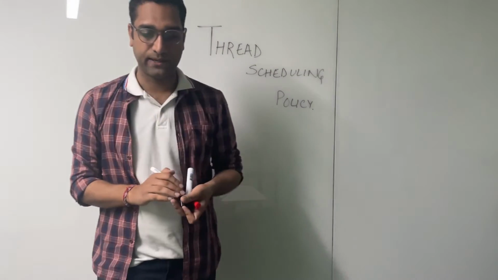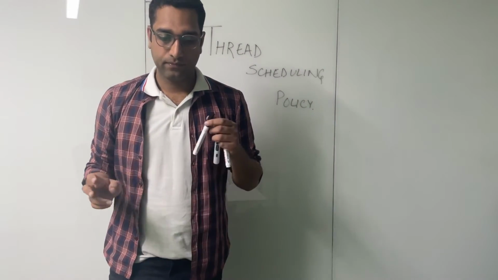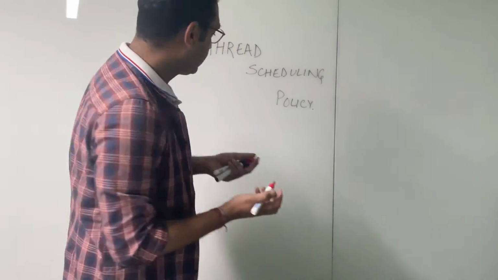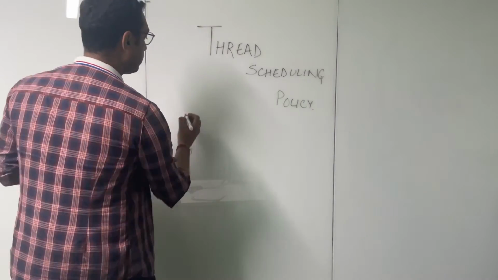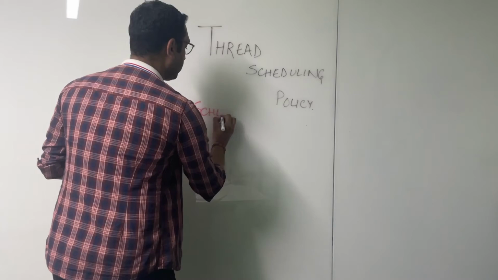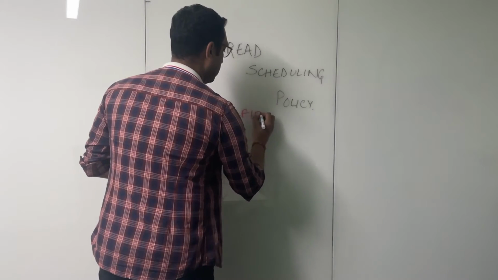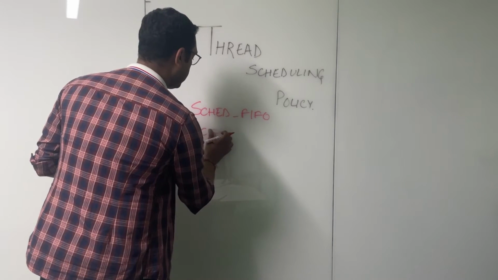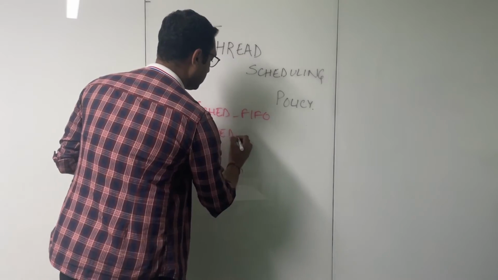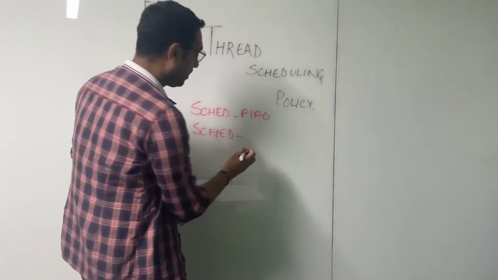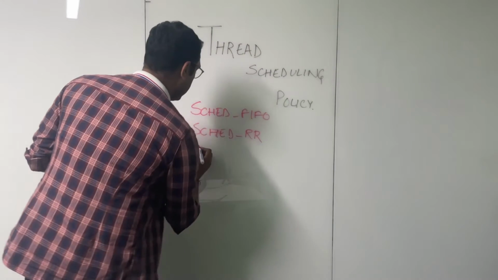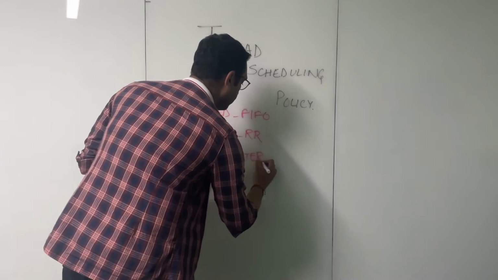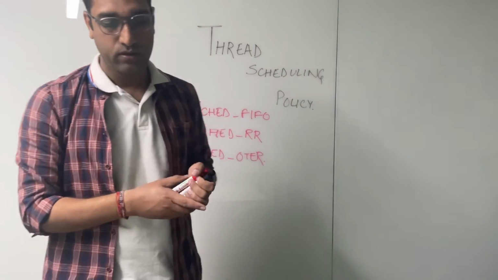POSIX defines these scheduling policies that we can change through the attribute: SCHED_FIFO, or SCHED_RR, or SCHED_OTHER.